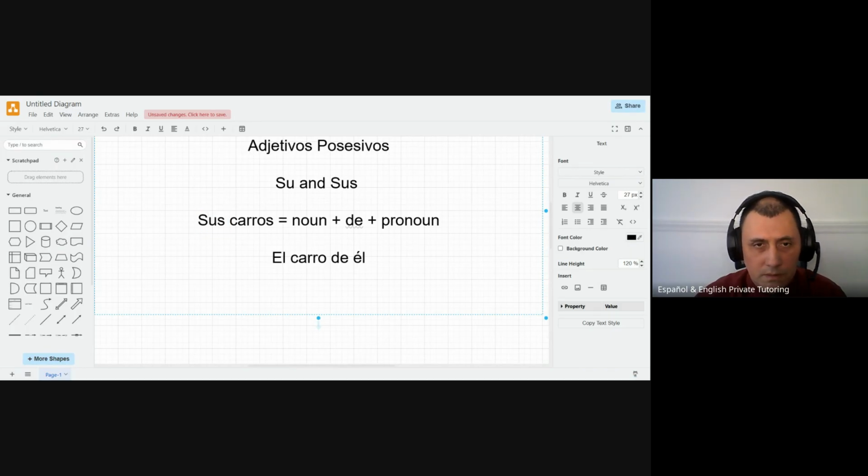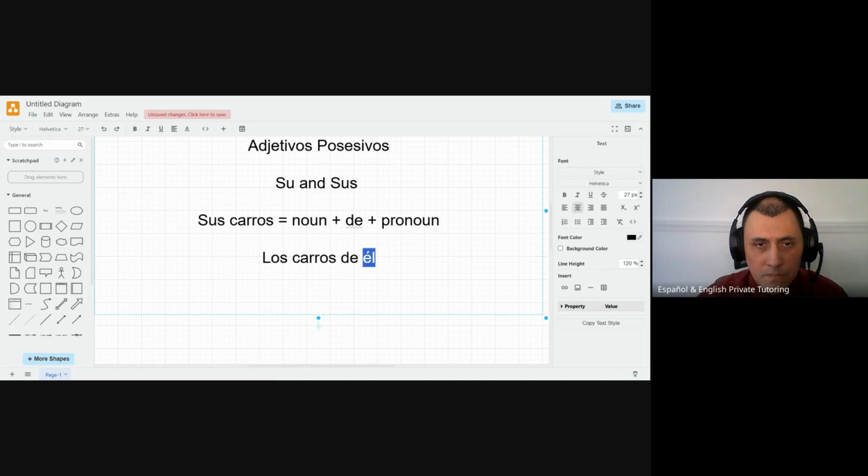So let's do this following the formula. So it will be noun los carros de él. Now, notice here that even though sus is plural, it is referring to he, which is singular.